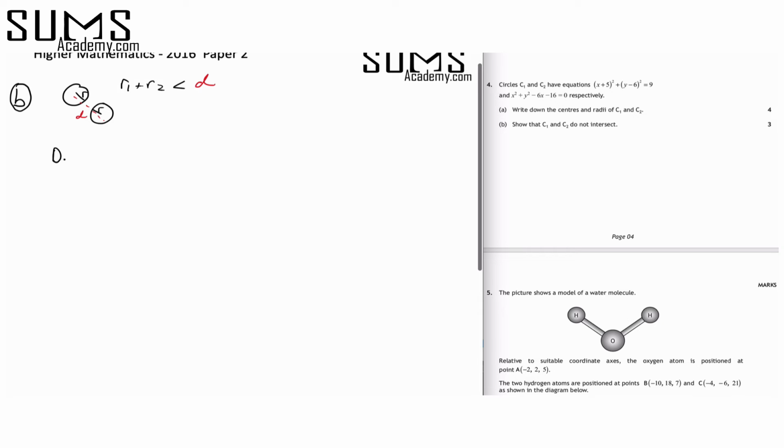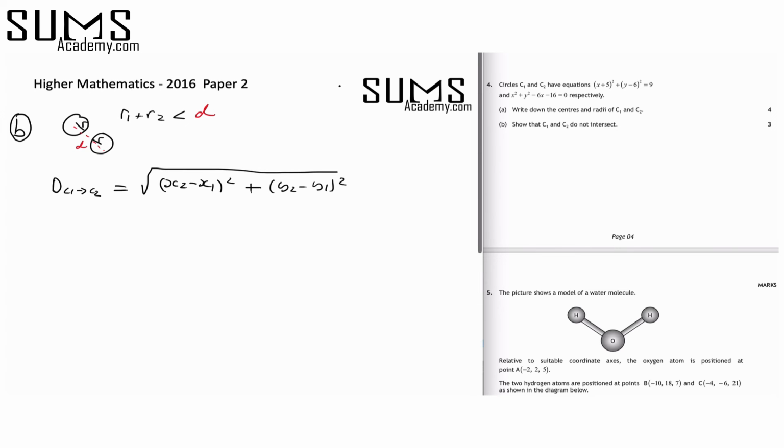D from C1 to C2 is going to be the distance formula that we've used before, which is the square root of (x2 − x1)² + (y2 − y1)². Our centres from the previous question were (3, 0) and (−5, 6).